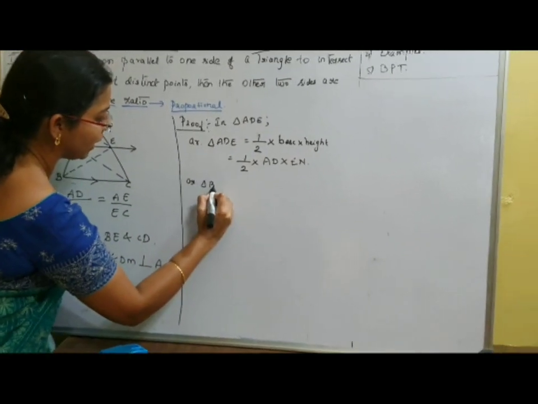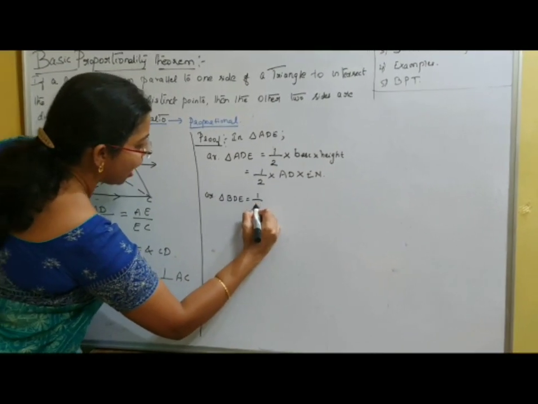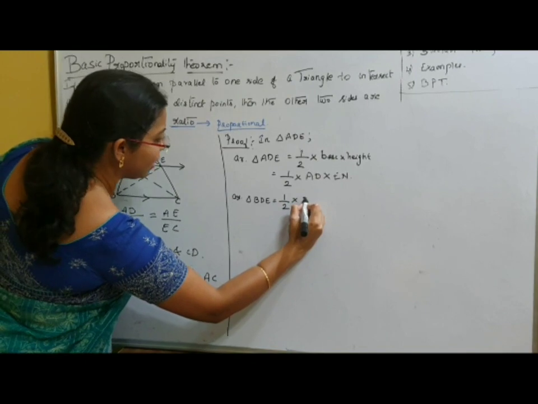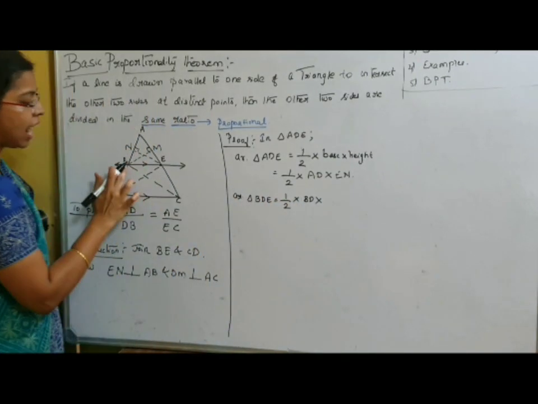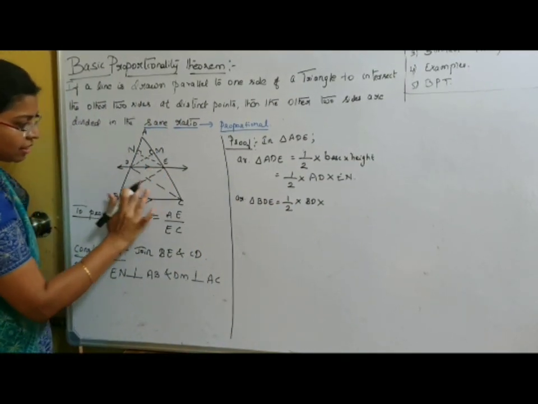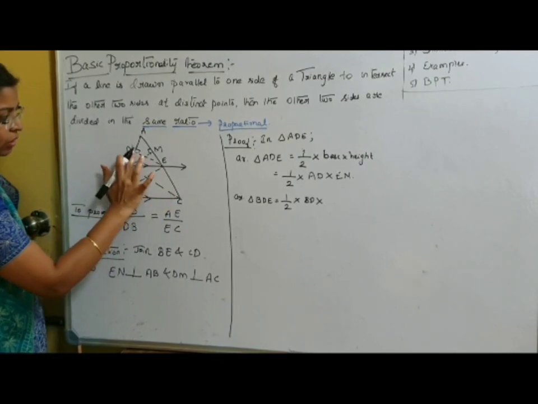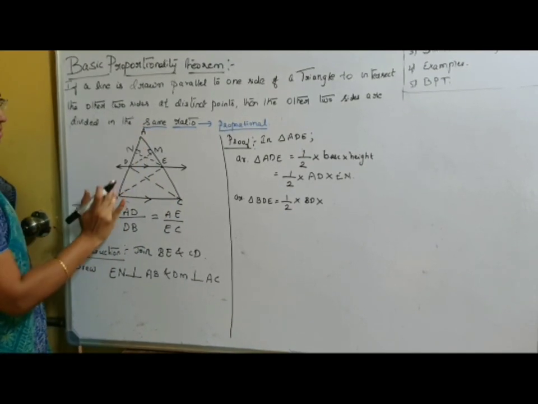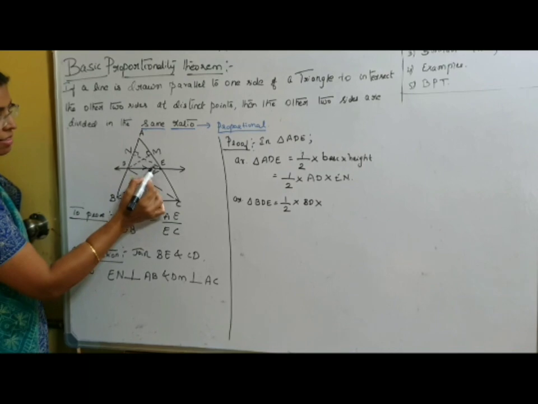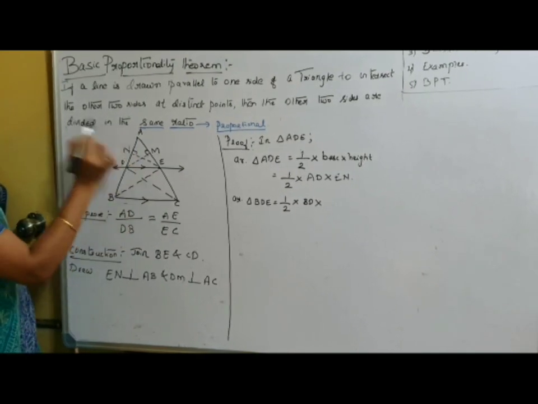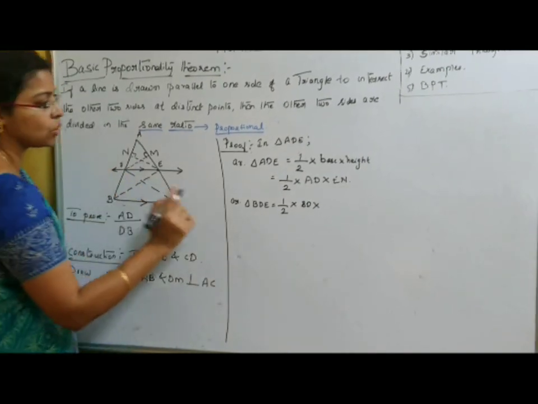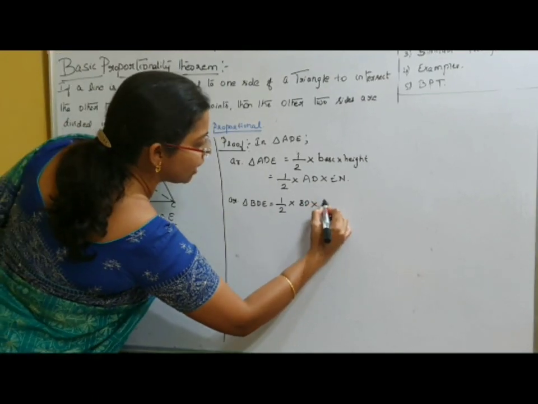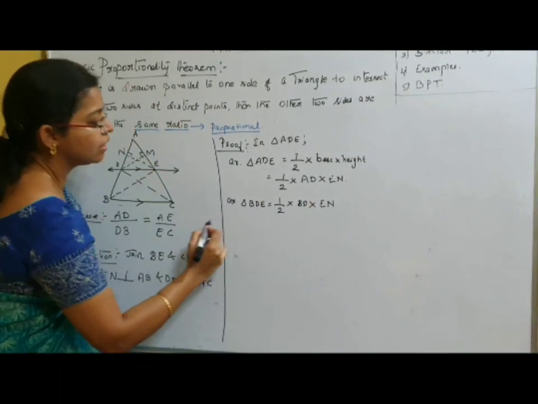Area of triangle BDE is half into base BD into what is the height for this triangle? There is no perpendicular here. When we extend this line BD to BA, this EN is actually a perpendicular line to AB. Therefore, that becomes the altitude. EN is again the altitude for triangle BDE.